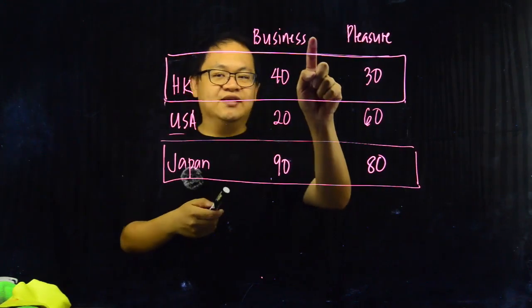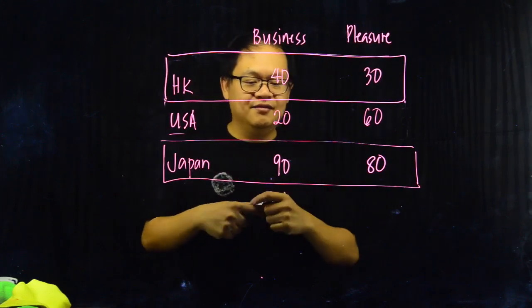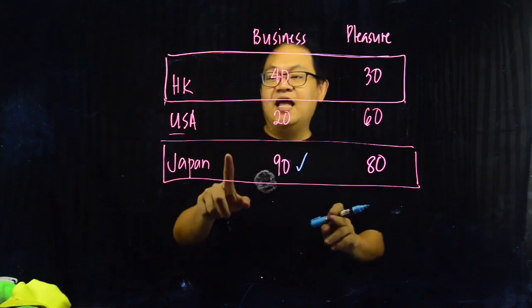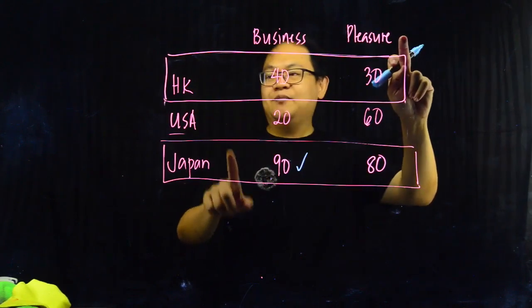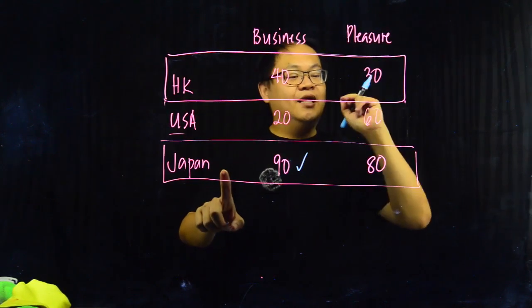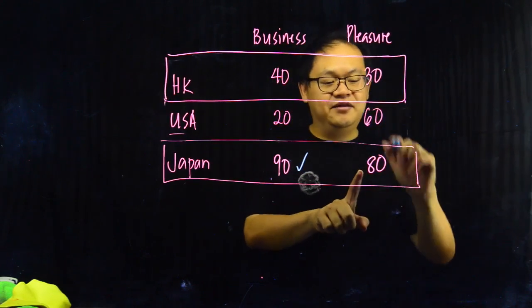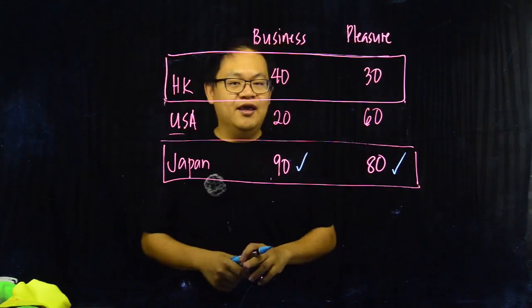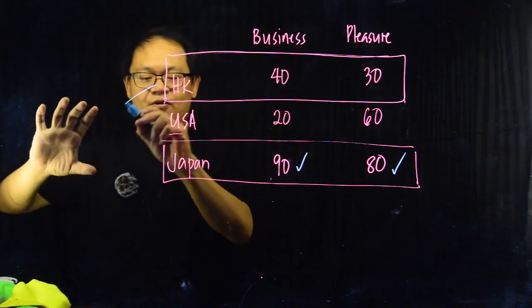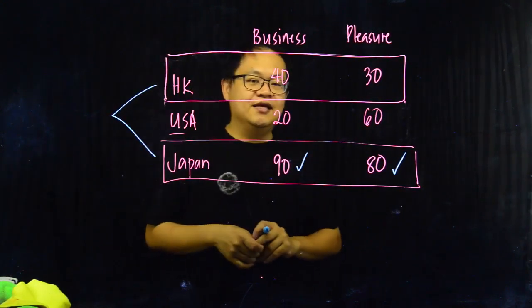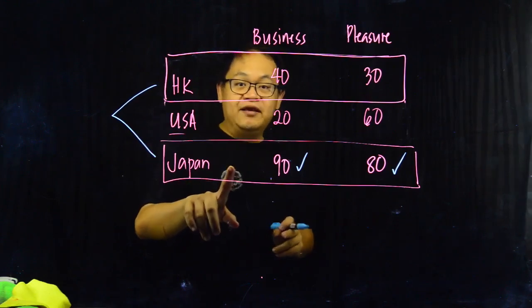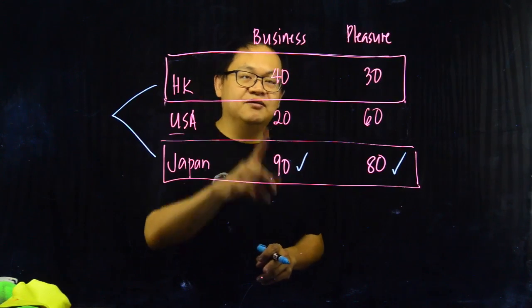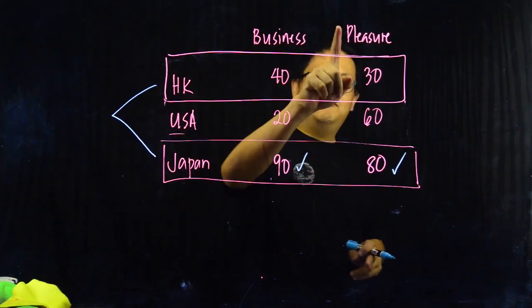In terms of business, between Hong Kong and Japan, you'd rather go to Japan because 90 is higher than 40. And in terms of pleasure, between Hong Kong and Japan, again, 80 is higher than 30, therefore you'd rather go to Japan than Hong Kong. And as you can see, if you're comparing Hong Kong and Japan, then Japan is the clear winner. Why is Japan the clear winner? Japan is better in terms of business and better in terms of pleasure.